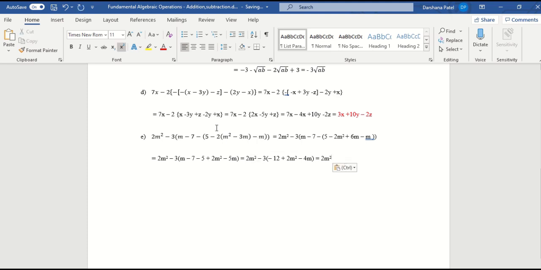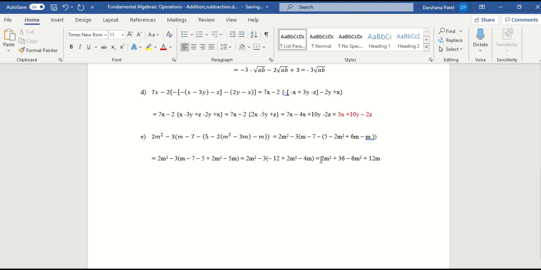Now taking out the bracket, we get 2m square plus, so minus 3 times 12 will give us plus 36, minus 3 times 2m square will give us minus 6m square, and minus 3 times minus 4m will give us positive 12m.